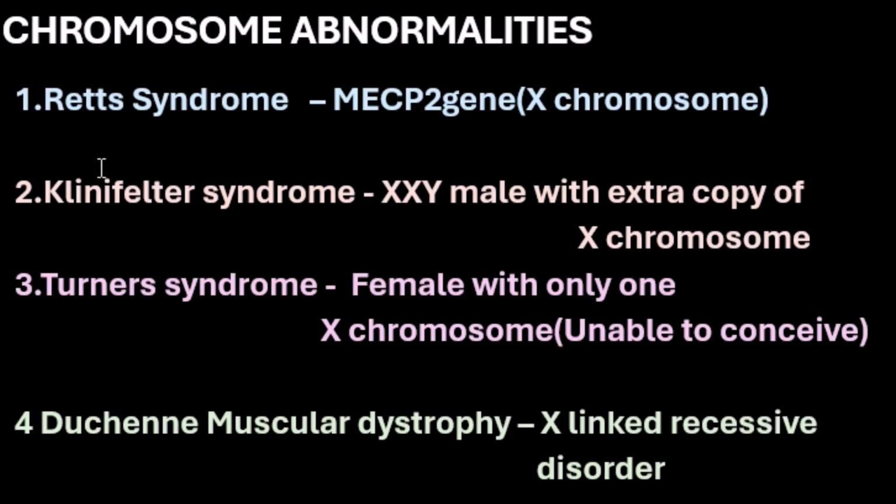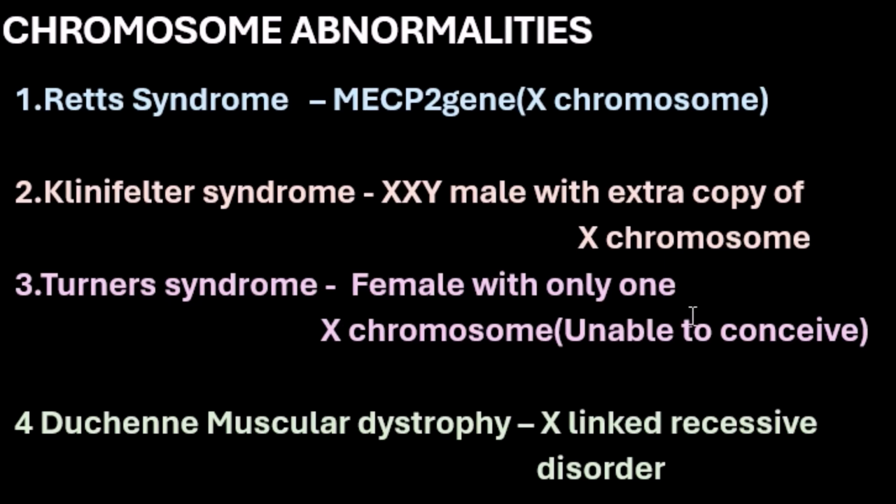Then another abnormality is Rett syndrome, MECP2 gene, X chromosome. Klinefelter syndrome, XXY, male with extra copy of X chromosome, because XY is the normal thing, so XXY is male with extra copy of X chromosome.